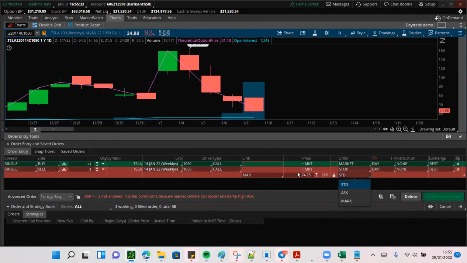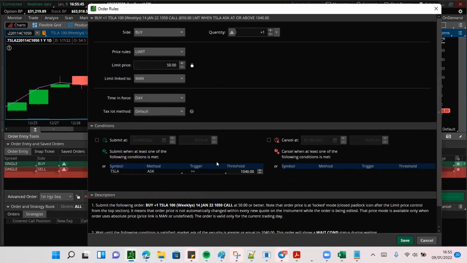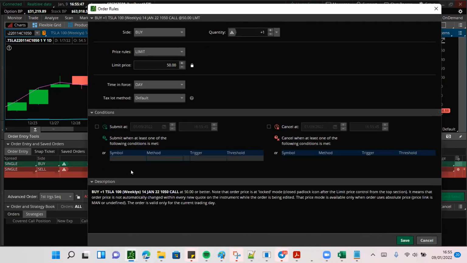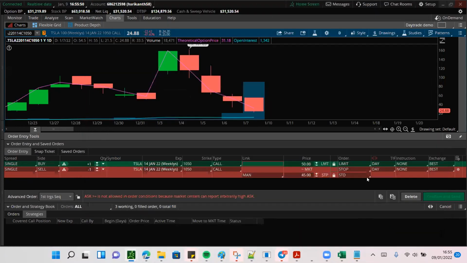You can place a stop order, let's say 45. Typically you have to keep it in a limit order. So let's say I wanted to buy it at 50 immediately, and we wanted to clear all these conditions. I wanted to buy it at 50, and my stop loss is right here.